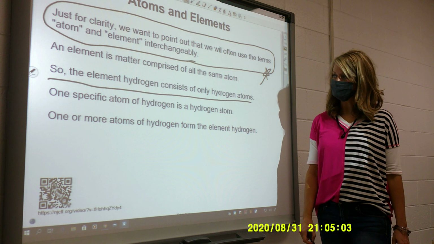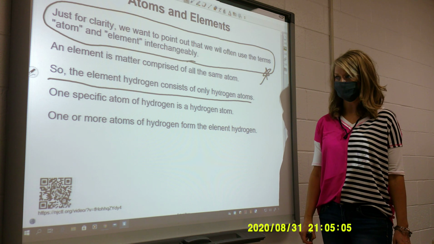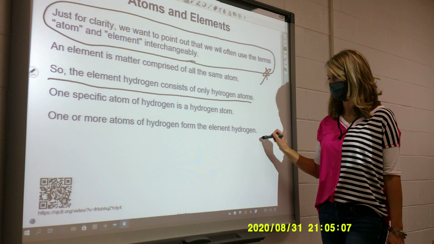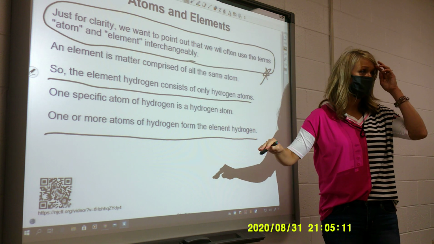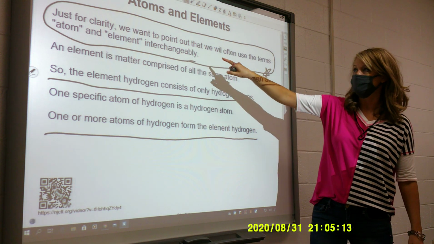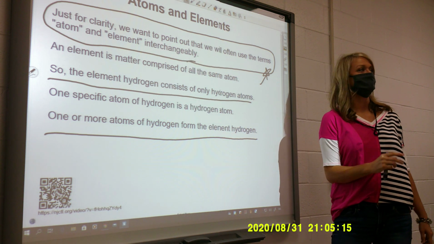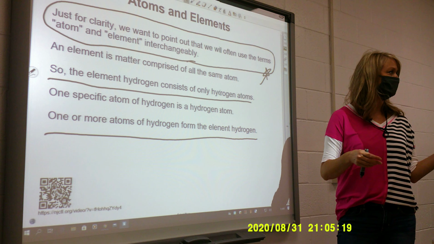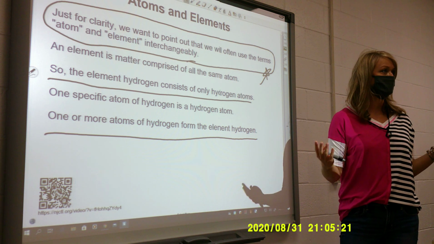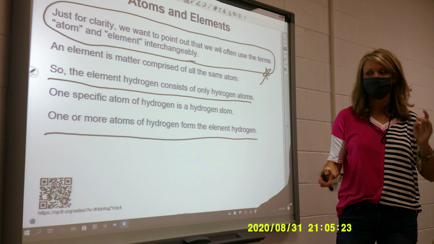One specific atom of hydrogen is a hydrogen atom. One or more atoms of hydrogen form the element hydrogen. So they're giving you examples of how the terms element and atom basically mean the same thing. So they may say atom one time and element the next because they basically mean the same thing.